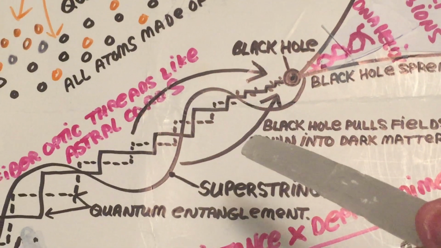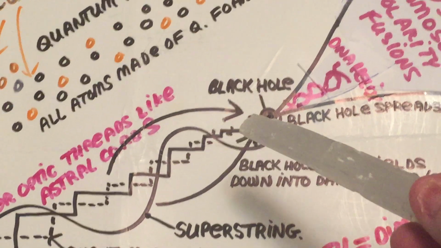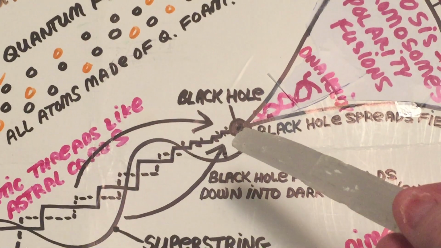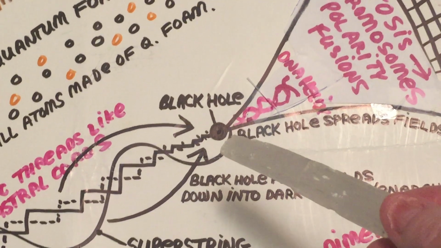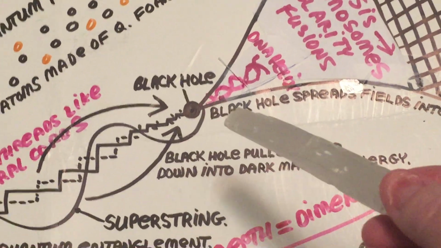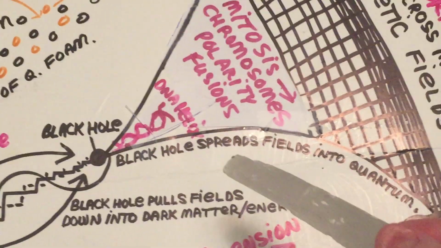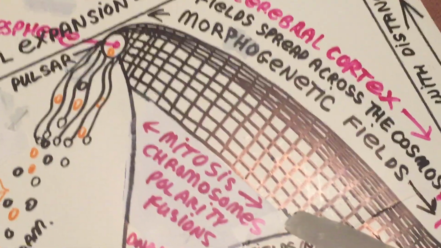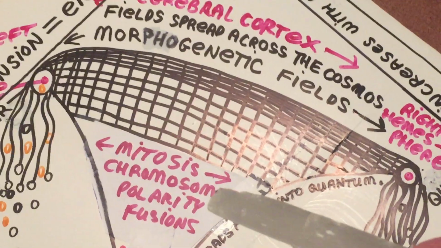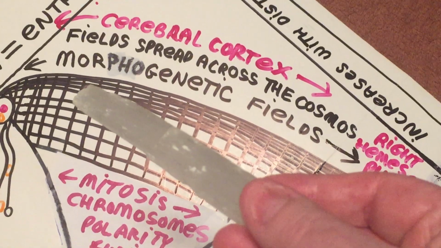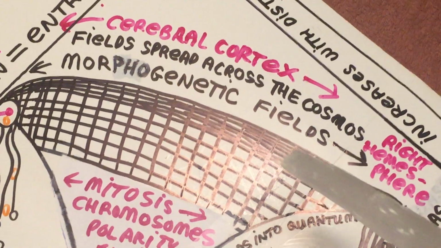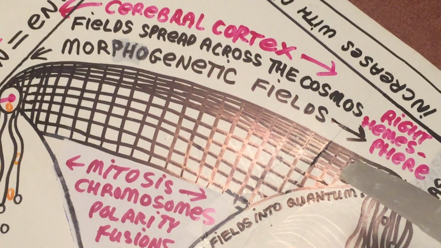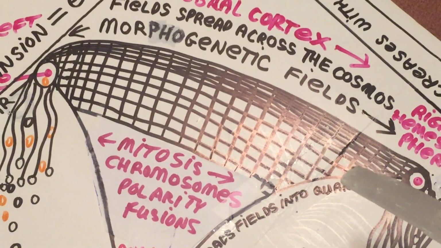And these continue to accumulate over the distances to eventually create a massive field across the universe, which is a form of morphogenetic fields having to do with the creation of life.